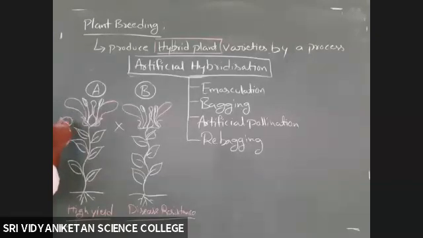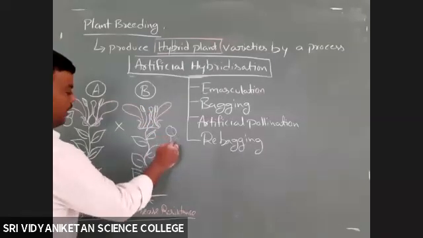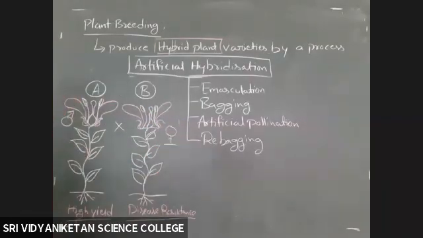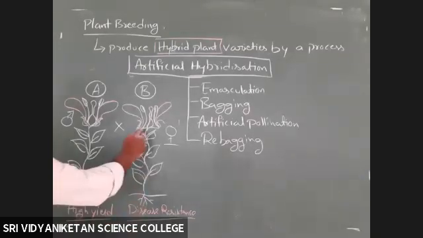That plant is considered the male parent. And the plant where we transfer the pollen grains onto the stigma is considered the female parent.